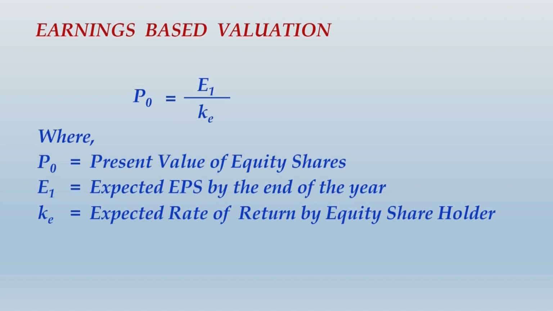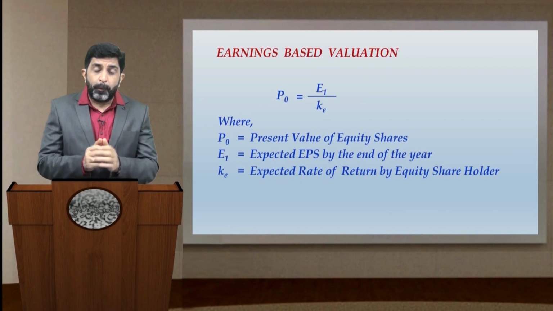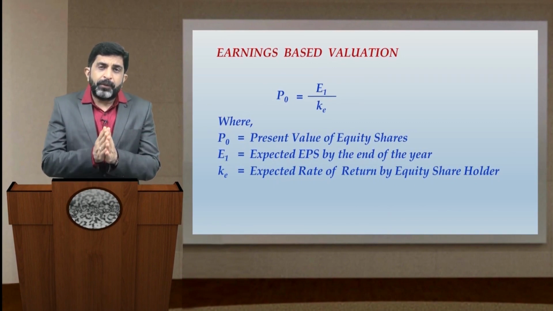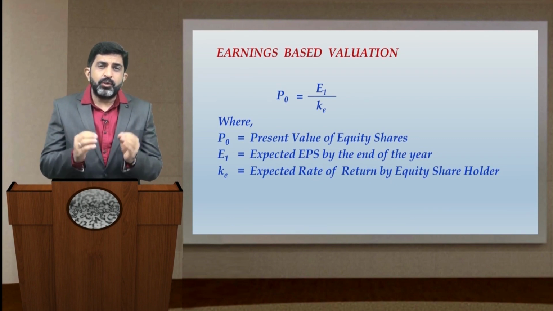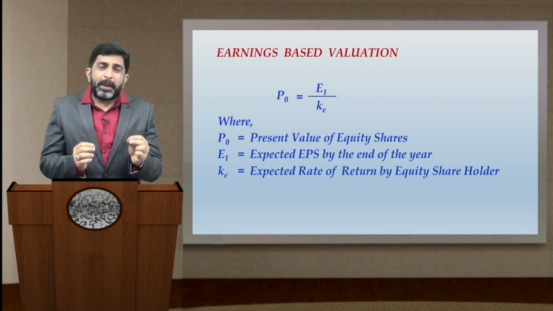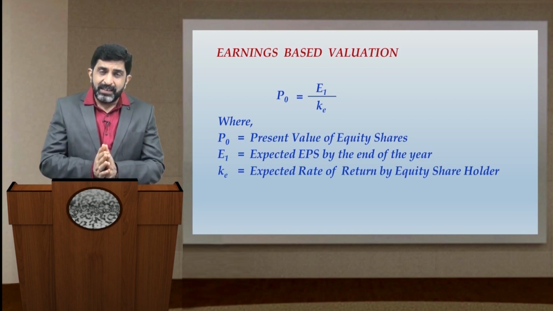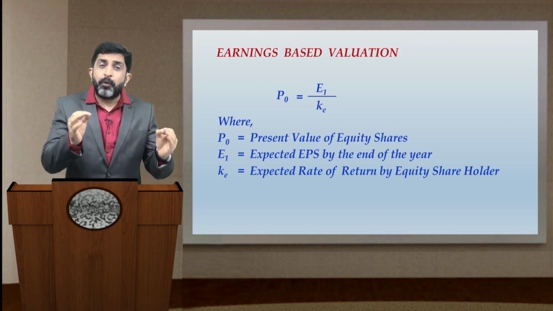Let us try to understand this calculation of P0, the present value of the share. Just take a simple example. Assume that the expected rate of return of the shareholder is 25% and the expected EPS is rupees 40.